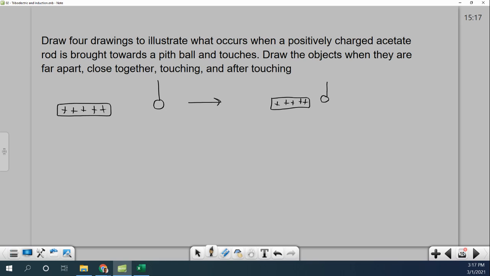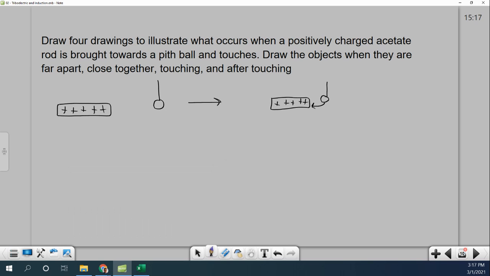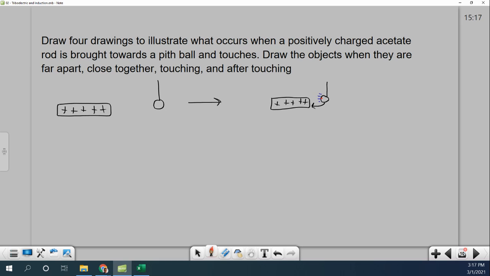Well, now I've got a charged object that's going to be attracted as the charges separate. The negatives go to one side, whereas the positives stay still. So that is a conductor, so the charges separate. All right. Now they're going to touch.